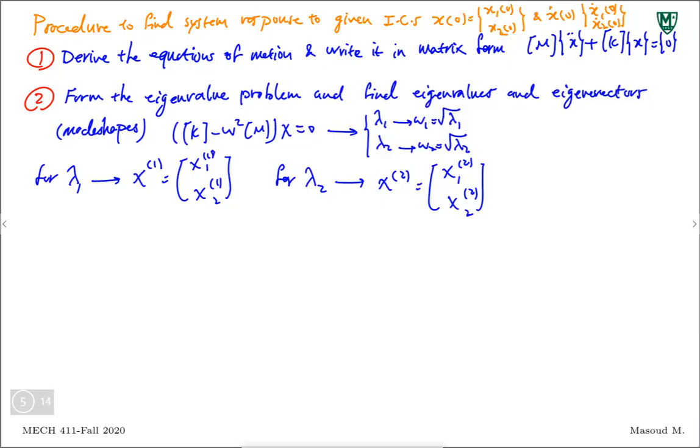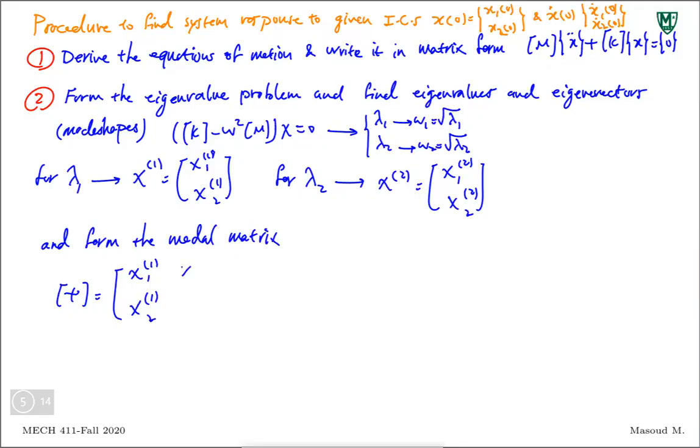So form the modal matrix. As long as you know the mode shapes, you're fine. You can just say psi is equal to x11, x12, and then x21, x22. This is your modal matrix.